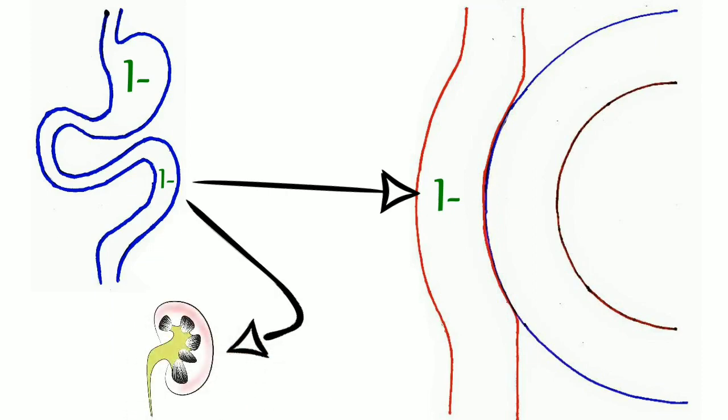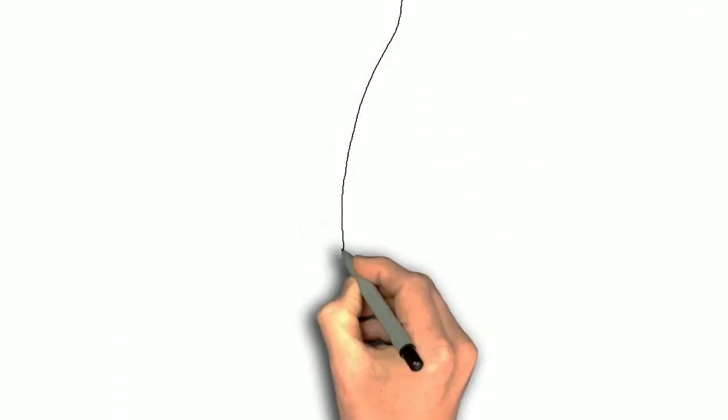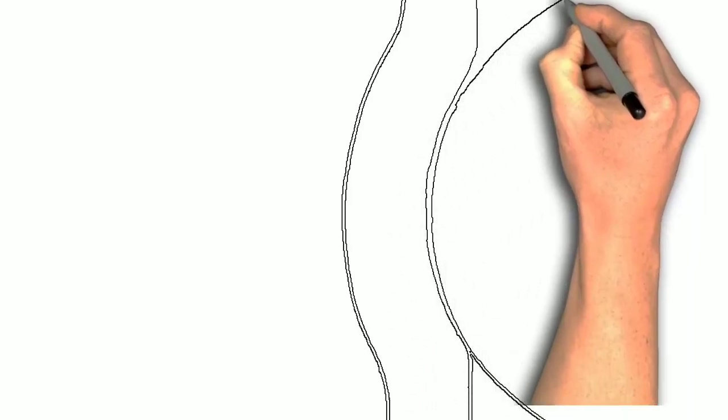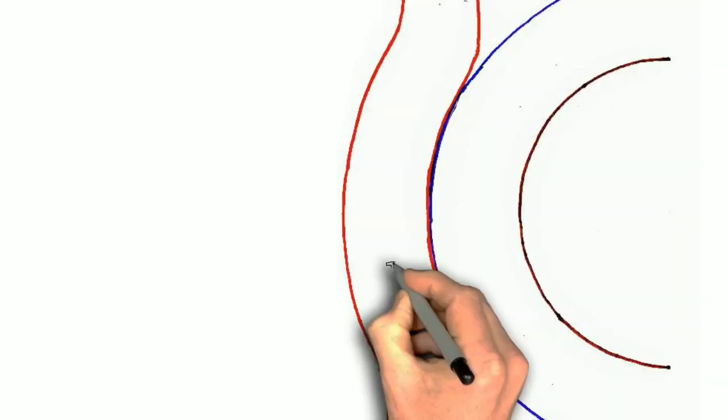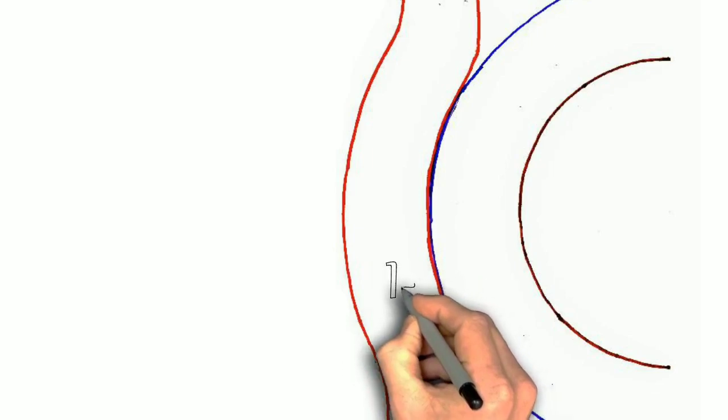Thyroid needs iodine for hormone synthesis, and the thyroid gland contains about 95% of the total iodine content of the body. So the thyroid actually has to extract iodine from the plasma against a 25-fold concentration gradient.